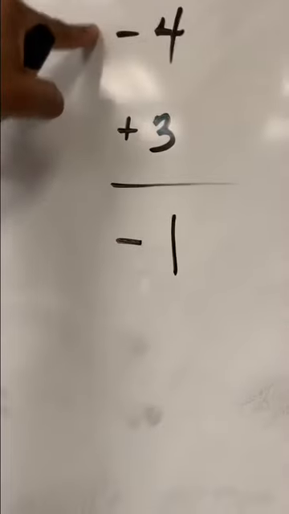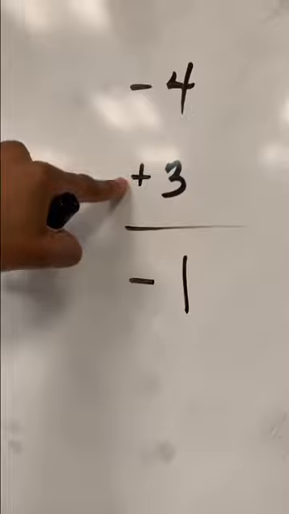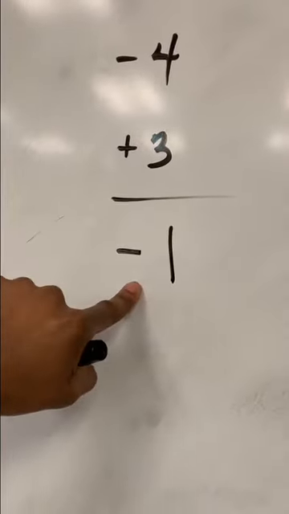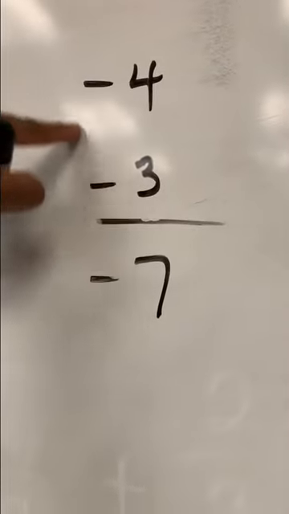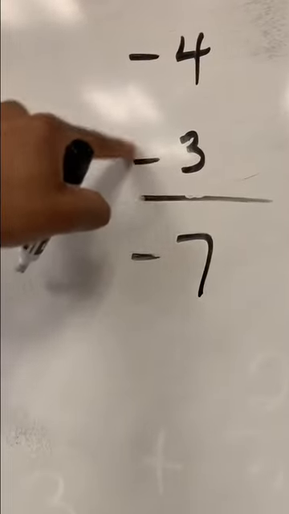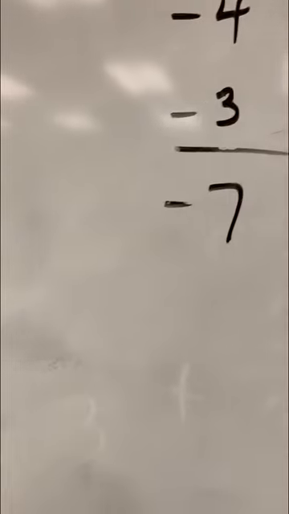Same thing here. These are not the same sign, so once again, I do a difference. And so if I have a negative 4 plus a 3, my result is negative 1. And then here we go again. We have same signs. So I add them up or I get the sum. 4 and 3 is 7, but since they're all negatives, my answer is negative 7.